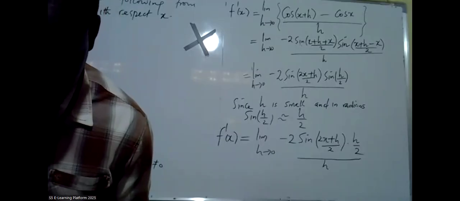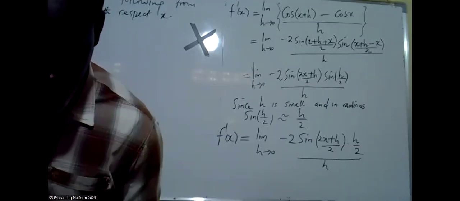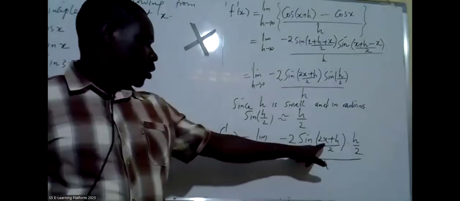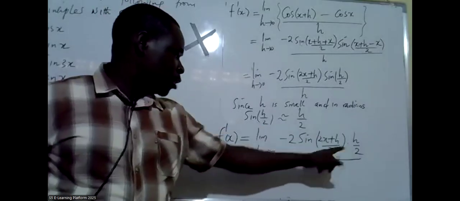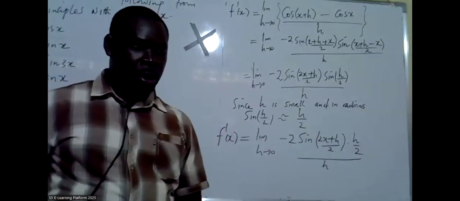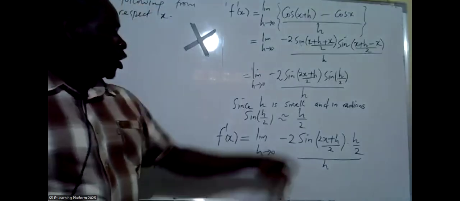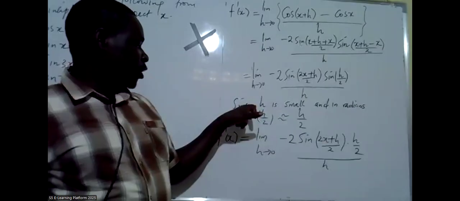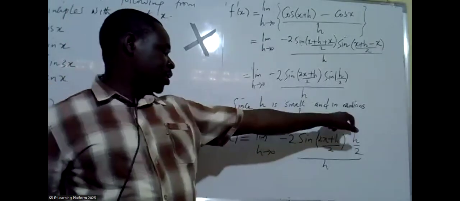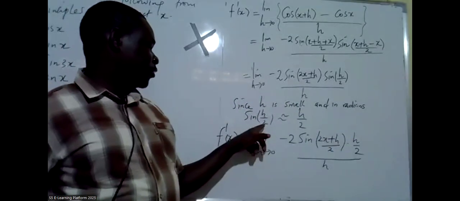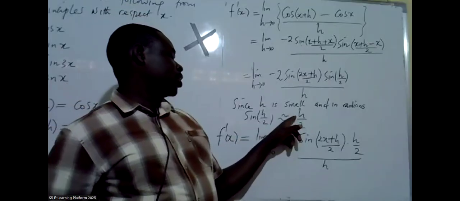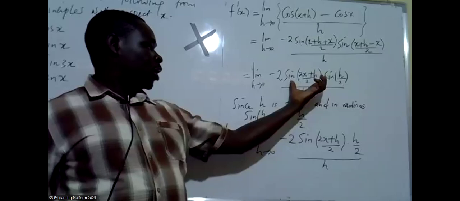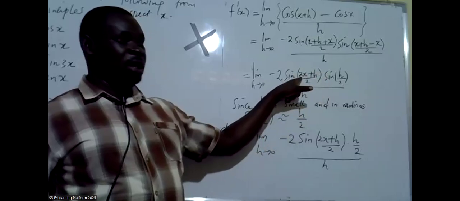Why doesn't sine of 2x plus h over 2 become approximately h over 2? Because there is x here. Therefore, this is not a small angle. X is not small, it is only h which is small. And that is why we mentioned: since h is small and in radians, sine h over 2 is the one approximately equal to h over 2, not this one here, because there is already x here.